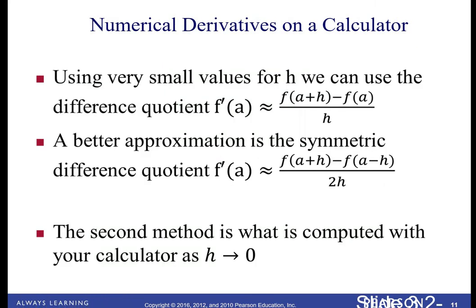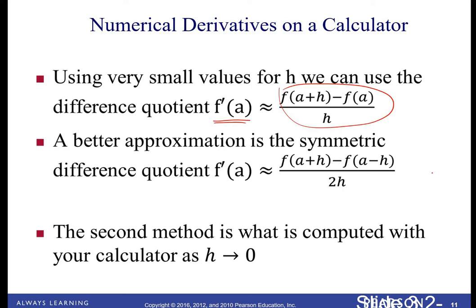So on a calculator, the calculator uses very small values for h. We can use the difference quotient to approximate the derivative. We all know that in order to get the actual derivative, we have to have the limit as h approaches 0. A better way to approximate is the symmetric difference quotient.